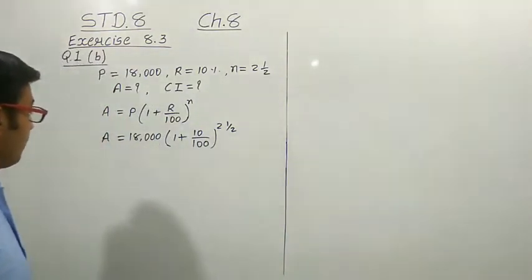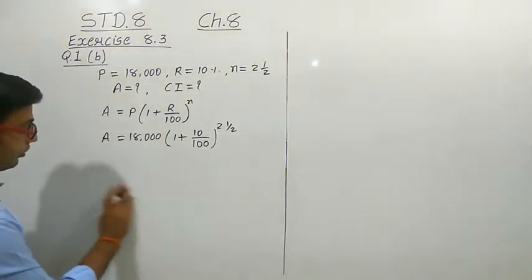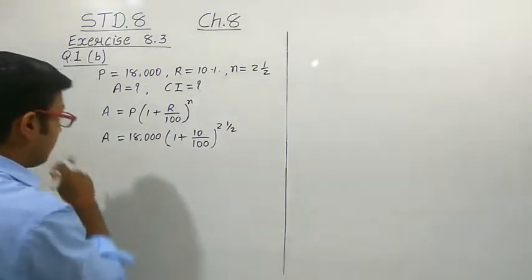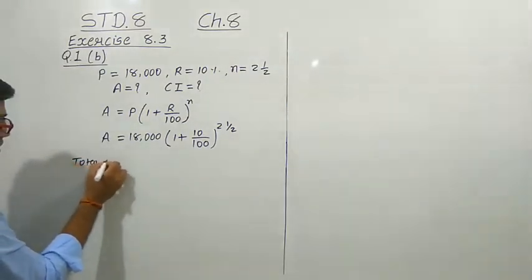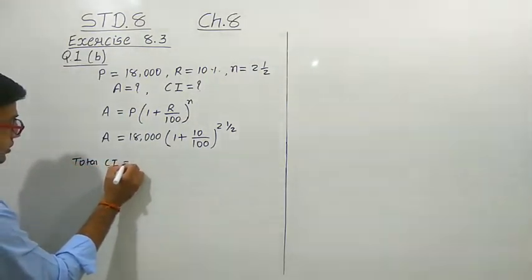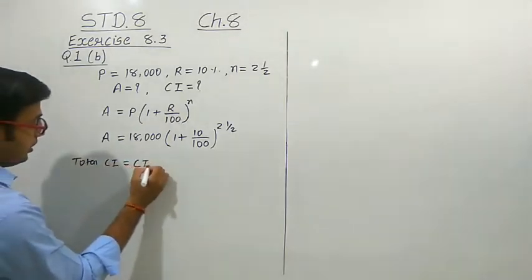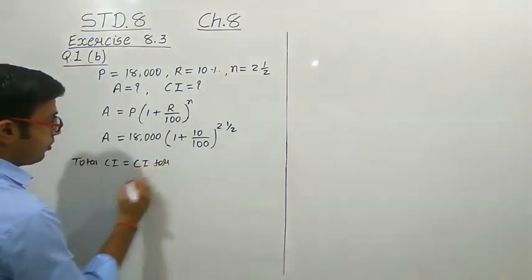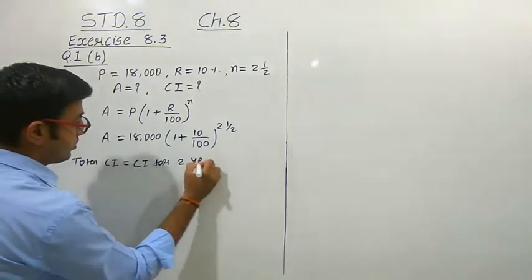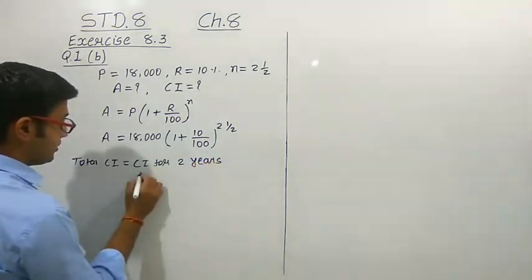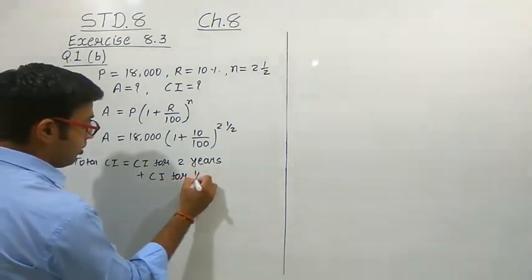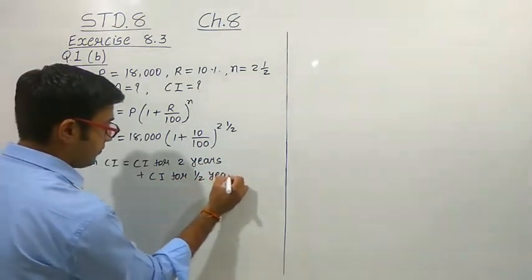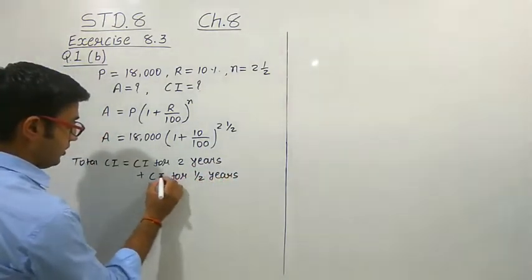Okay. So basically what we are going to do is we will calculate the compound interest, total compound interest is equals to compound interest for 2 years plus compound interest for half years, right?